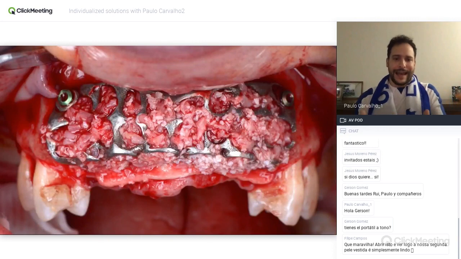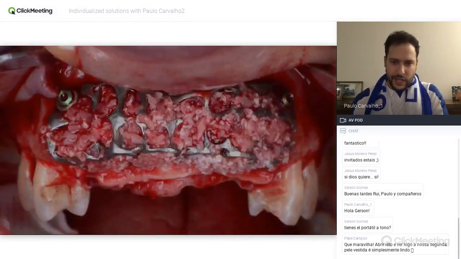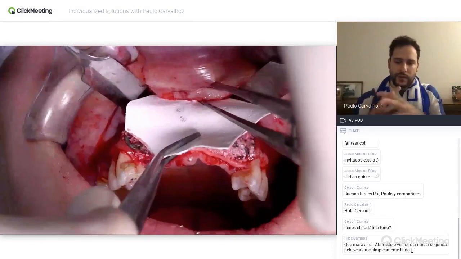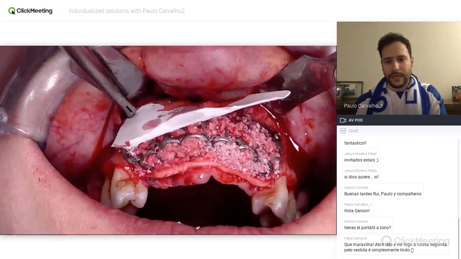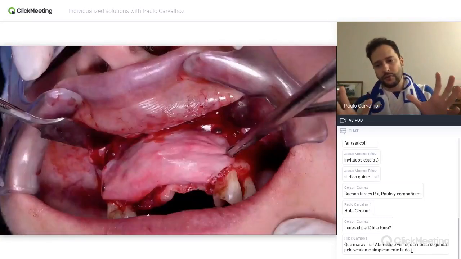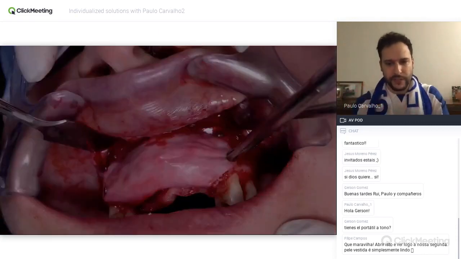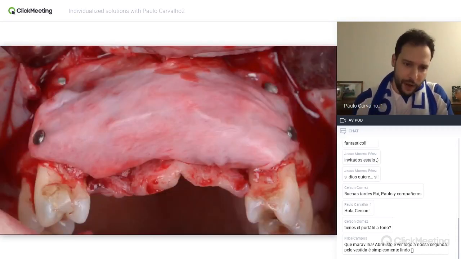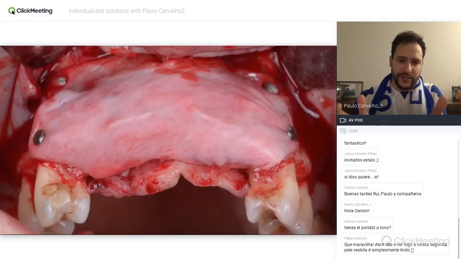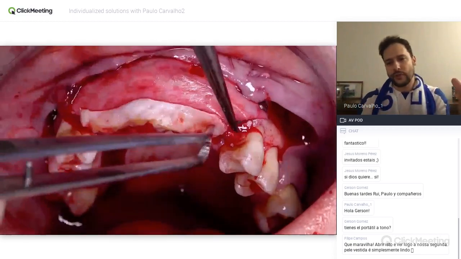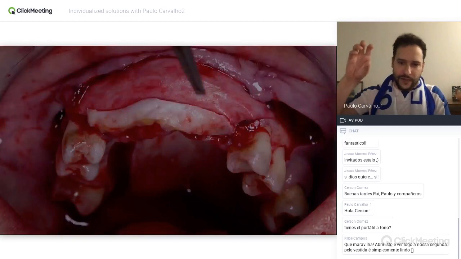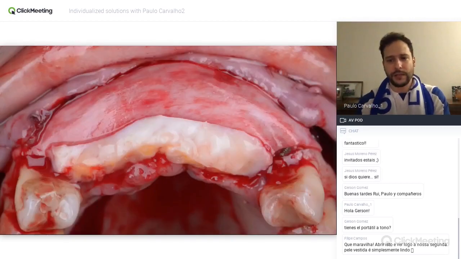Another thing I like in these meshes is that the huge pores, the huge holes, allow the periosteum to be quickly in contact with the graft material and revascularize it. Of course, for the first weeks of healing, I need to exclude the soft tissues to avoid invagination between the holes.